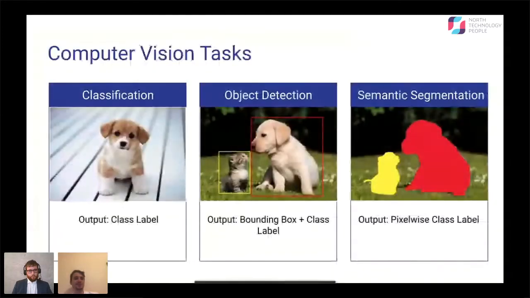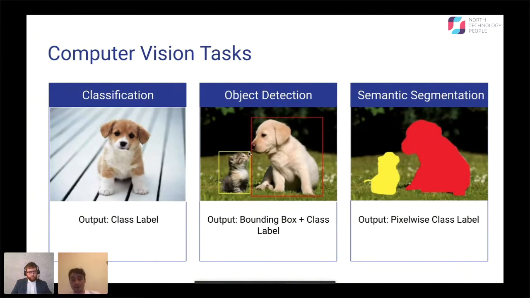So as an introduction, computer vision more broadly is an area of research where we take a look at images, videos, etc., and try to perform tasks on them. So three very simple but popular tasks in computer vision are: given an image, we want to classify what's in the image. So that would be classification.